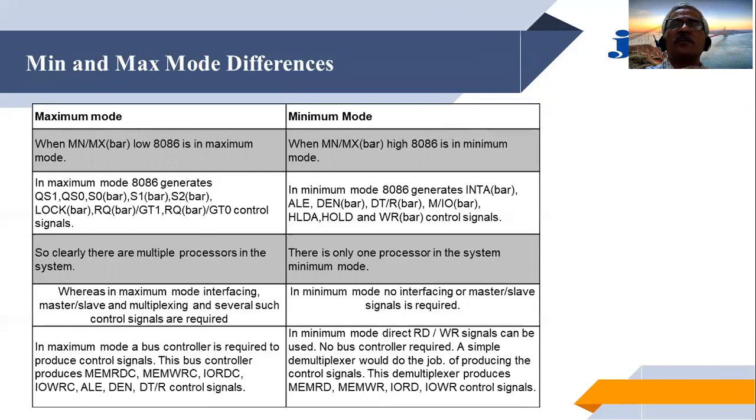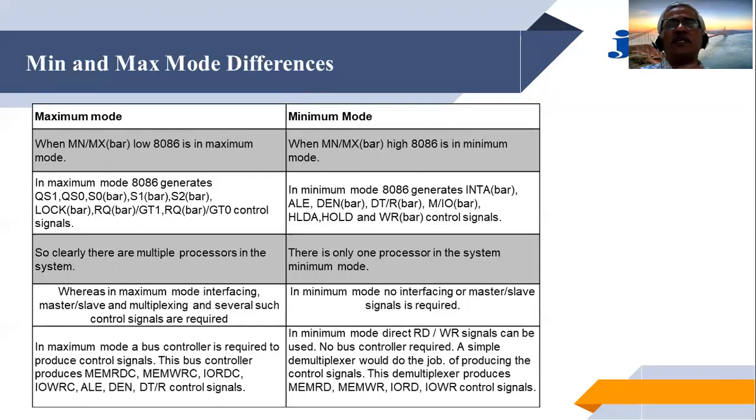So in a master-slave, one of the processors will be master. Maybe if you say that the master is 8086, and you have a co-processor attached to the 8086 environment, we have a multi-processor environment. In such a case, the 8087, which is a co-processor, operates in slave mode, and the 8086 will operate in the master mode.